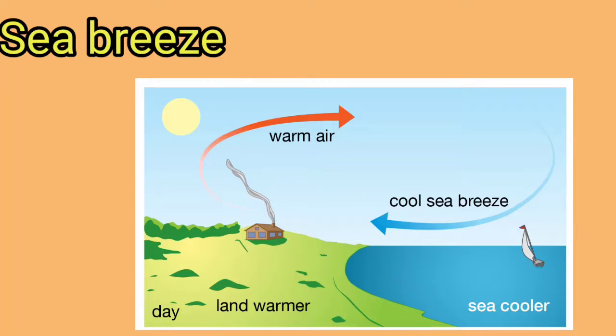Simultaneously, sea air reaches the land. We feel the coolness of the air. We get the cool air, that is called sea breeze. It happens in daytime. Sea breezes blow during the daytime.